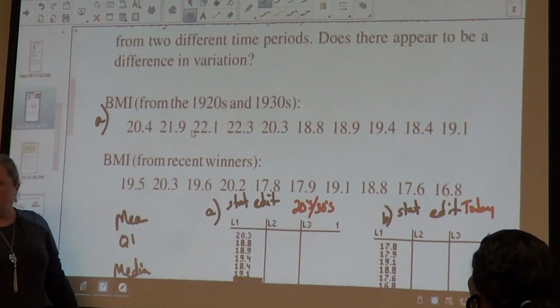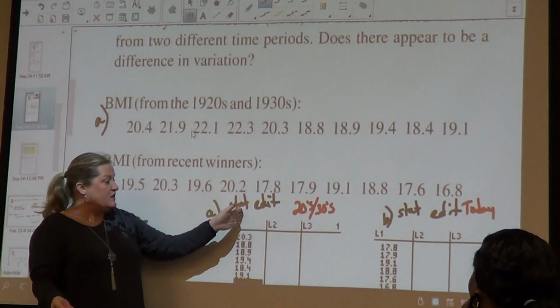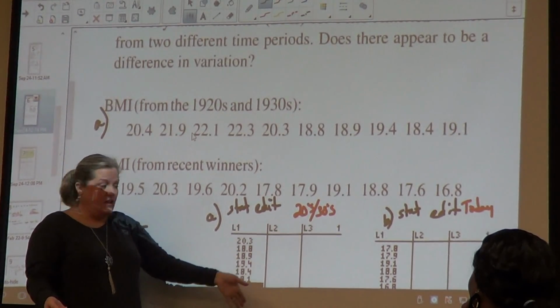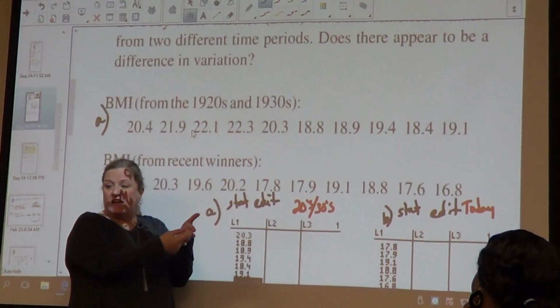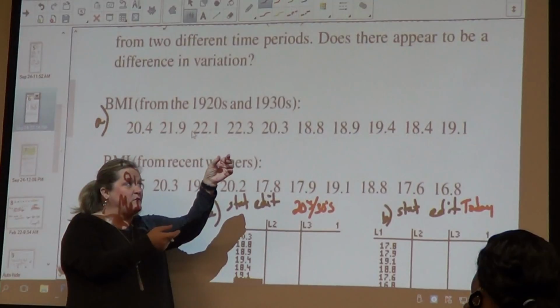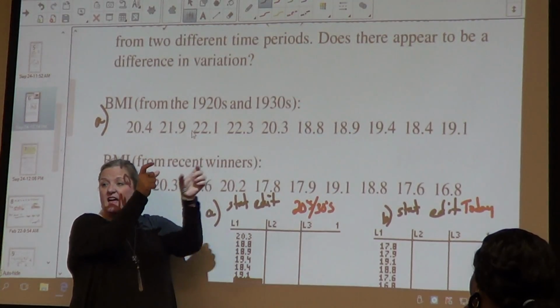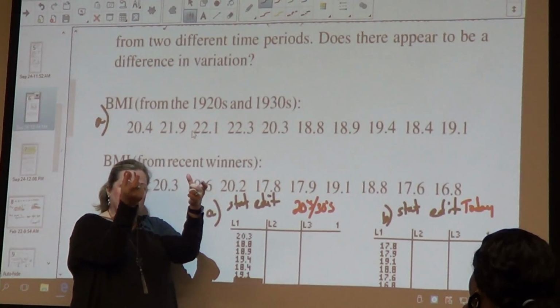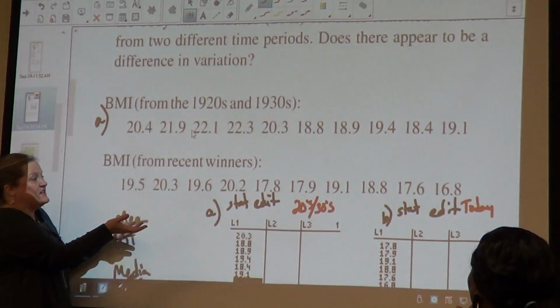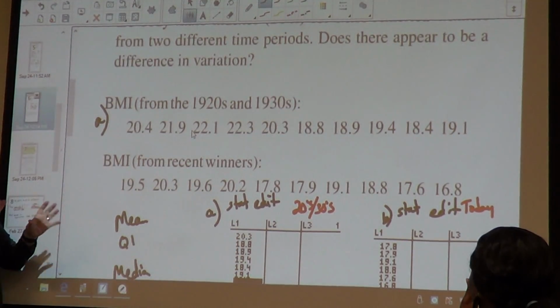Since we talked about it, you could have done part A here and part B here, and then when you go to do stat calc, you could have changed it from list 1 to list 2 and kind of toggled back and forth between the 2. You with me? But this isn't on your test. This is just you comparing 2 different sets of data.